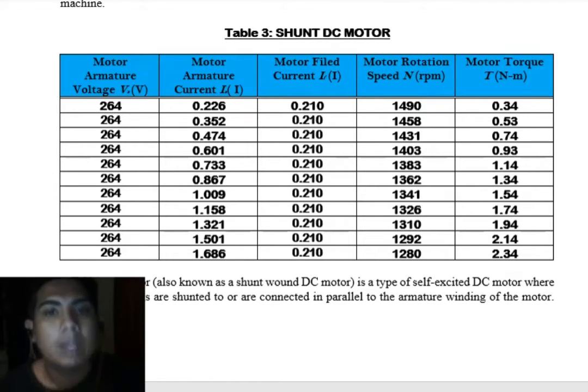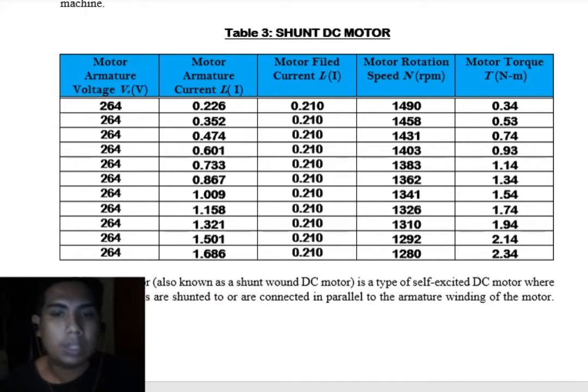The motor torque is increased from 0.34 to 2.34. So we can see right here the motor armature current is increased from 0.226 until 1.686, and the motor rotation will decrease from 1490 to 1280.